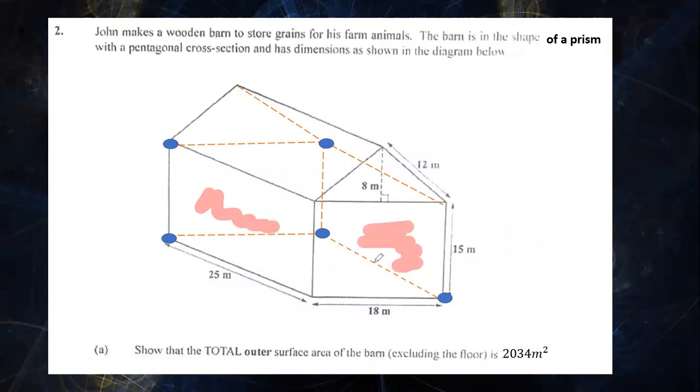That's a rectangle. So this one in front here and the one in the back are going to be two rectangles. This one at the side here and the one inside there are going to be two rectangles. This rectangle has the slanted roof, and the rectangle at the back for the slanted roof.